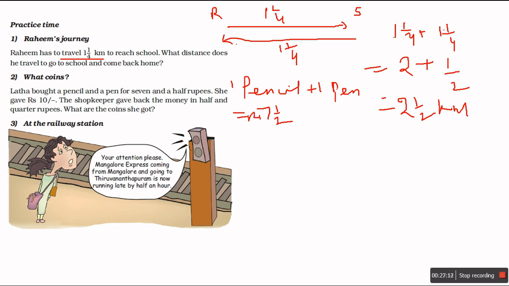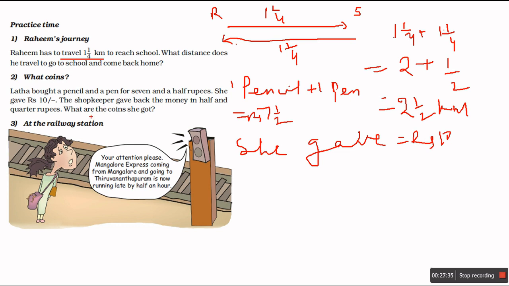Okay, she gave 10 rupees. She gave rupees 10. So the shopkeeper gave back the money in half and quarter rupees. What are the coins she got?